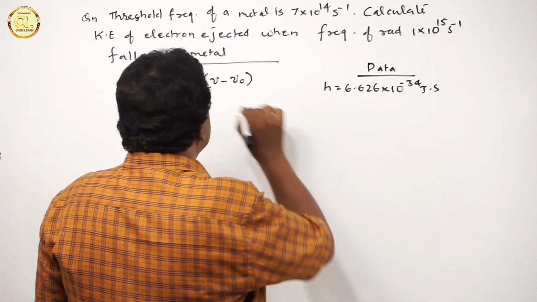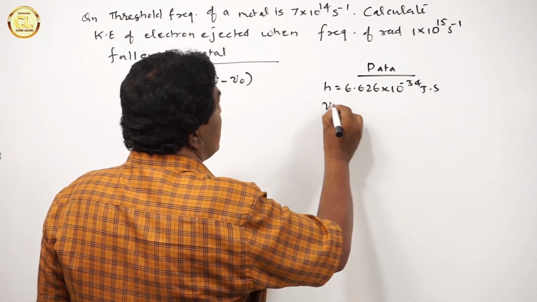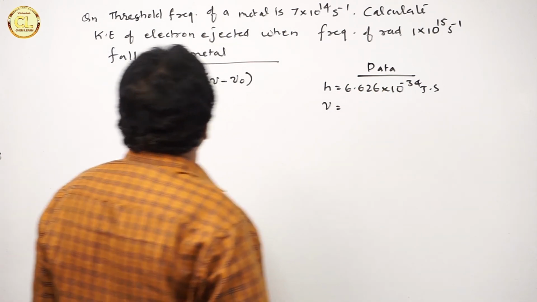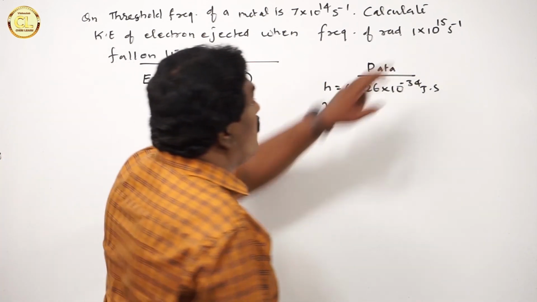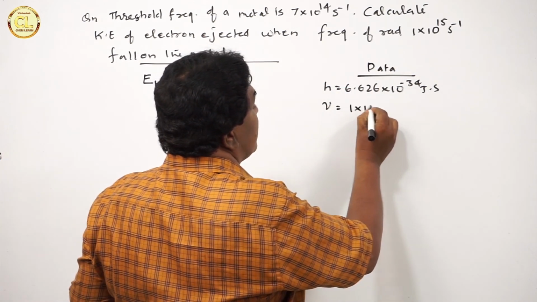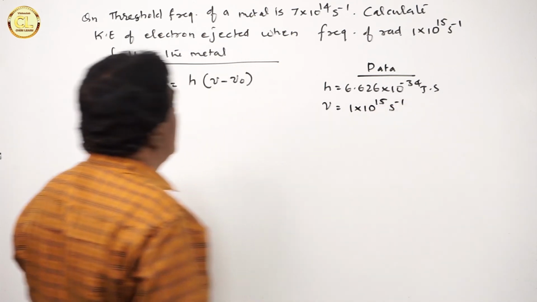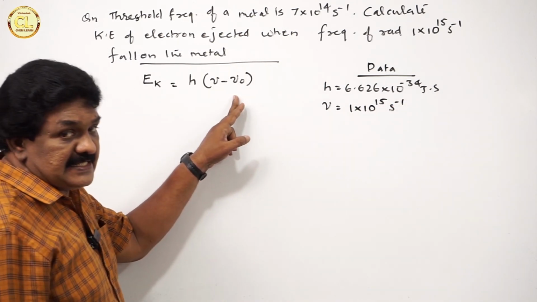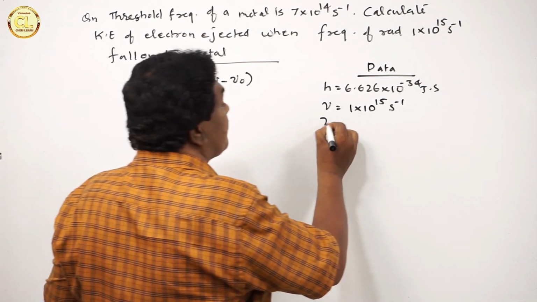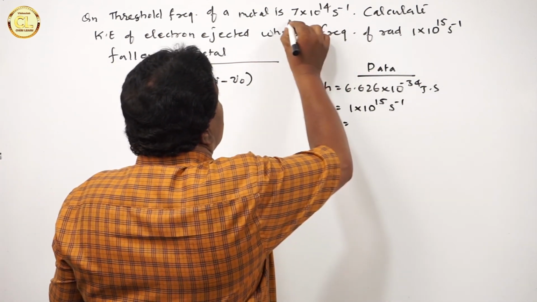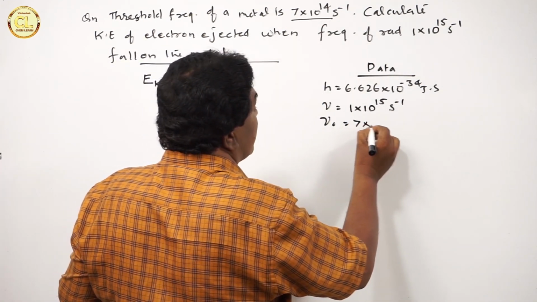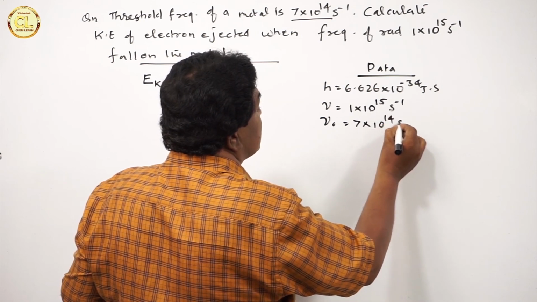It's a constant. Nu is the frequency of the falling radiation, that is 1 into 10 raised to 15 per second. Nu zero is the threshold frequency. It is 7 into 10 raised to 14 per second.